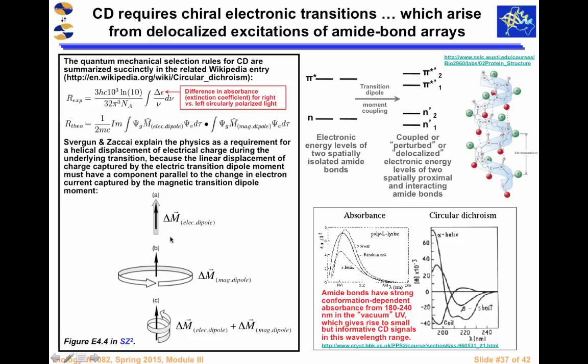The electric field's interaction with molecules is fundamentally achiral. So electric work done on a molecule by an electric field cannot have a chiral character, cannot be affected by chirality, because electric effects are achiral.